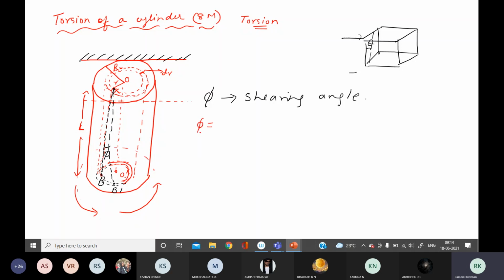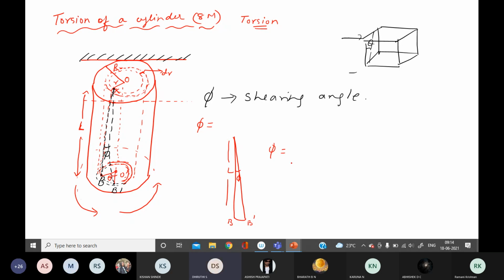Let me see who says. Students, what is phi? If I draw a separate diagram for you, this is B, this is B dash, this is phi, the length of the cylinder is L. Now at least can you tell what is phi?